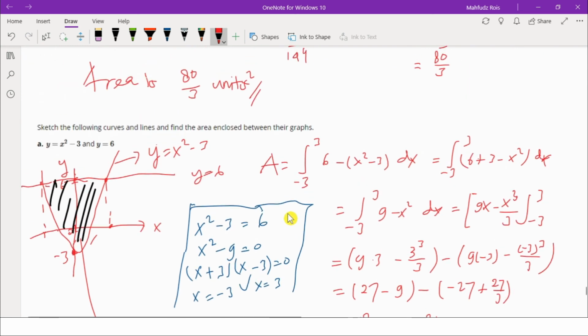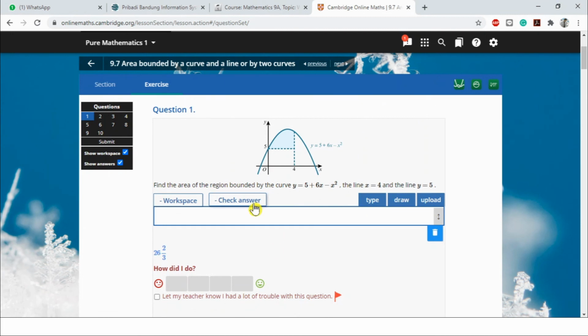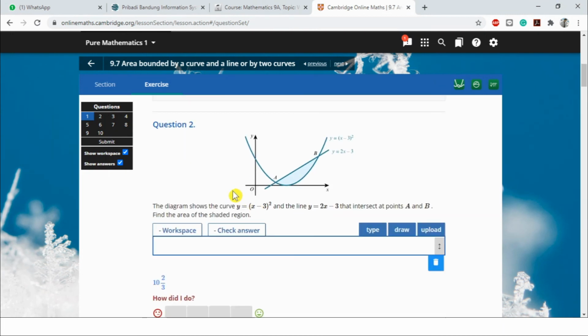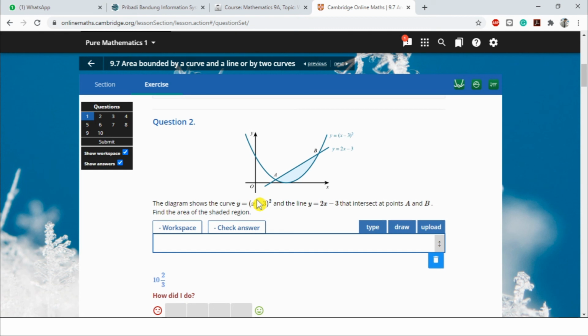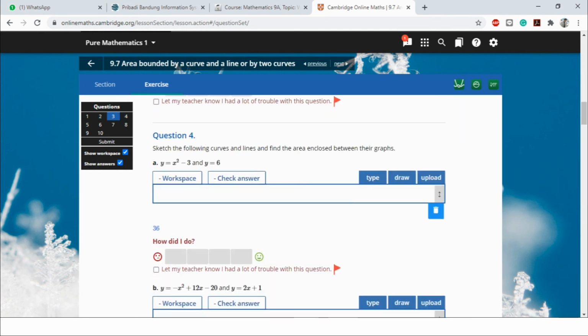Okay, it's long, yeah. Let's see the answer then. Which one? This one. Okay, so it's 36, question number 4, right? So it's true.